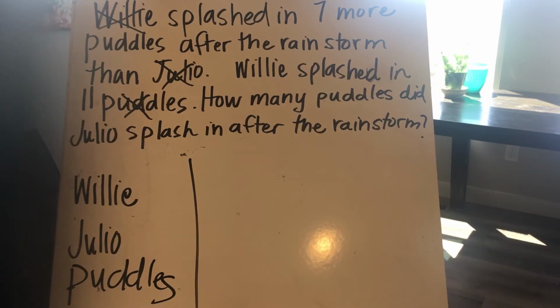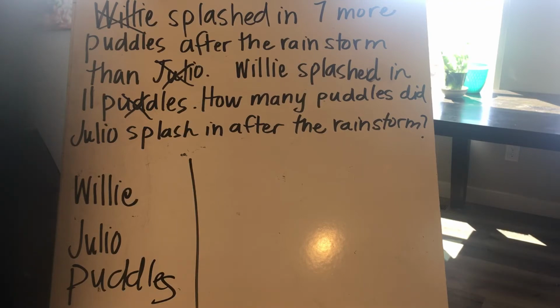So as we look at this, if we read the problem, it says Willie splashed in 7 more puddles after the rainstorm than Julio. Willie splashed in 11 puddles. How many puddles did Julio splash in after the rainstorm? So we know how many puddles Willie splashed in, but what we're looking for is how many puddles Julio splashed in after the rainstorm.